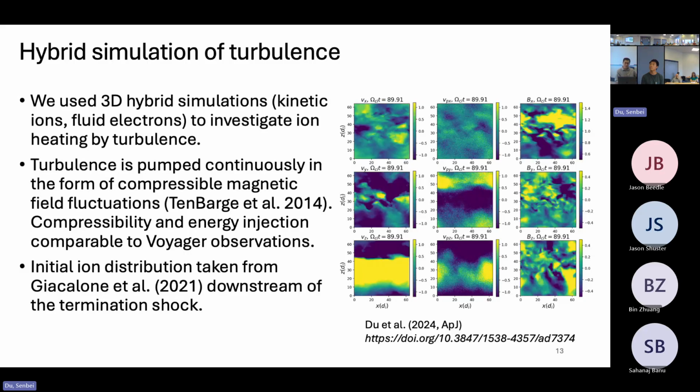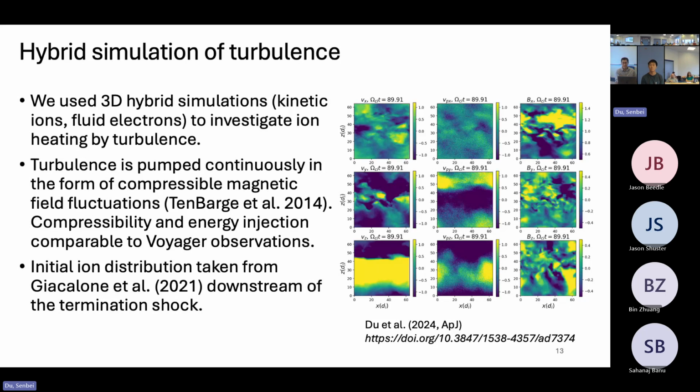Not quite. So it's a kinetic simulation. It's kind of like cheating here, since we are doing a much smaller scale than the actual scale of the Heliosheath. So we can't really do that.